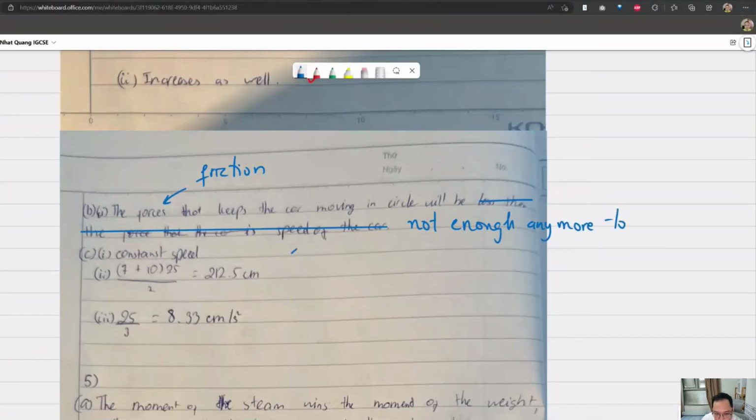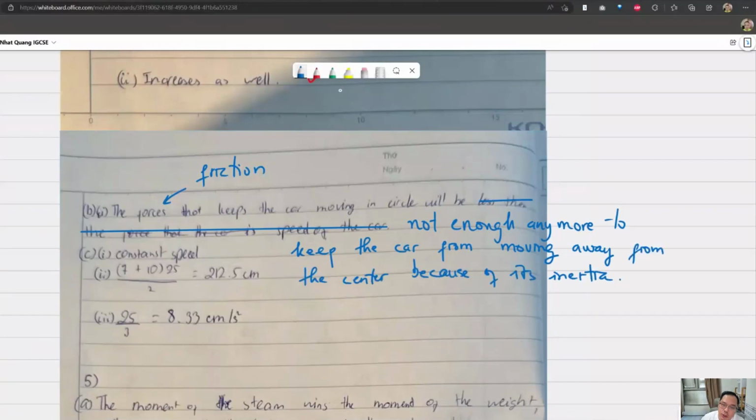Away from the center because of its inertia.